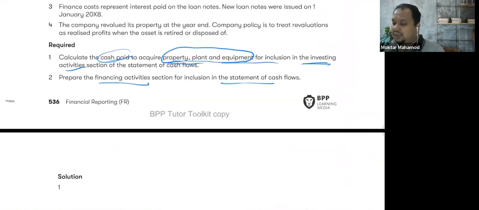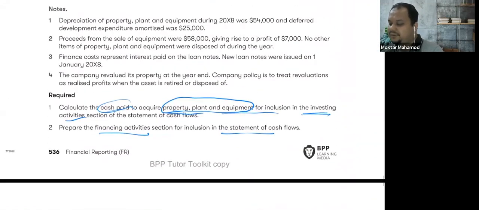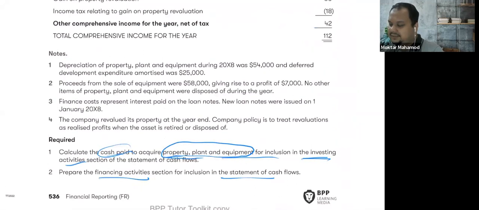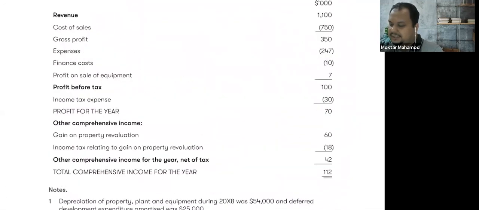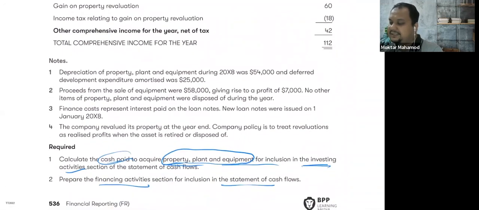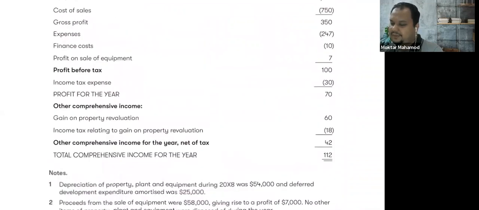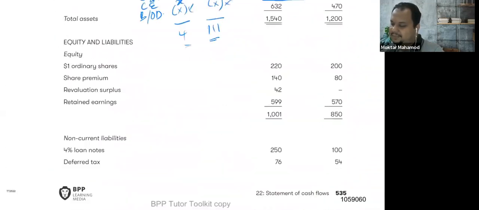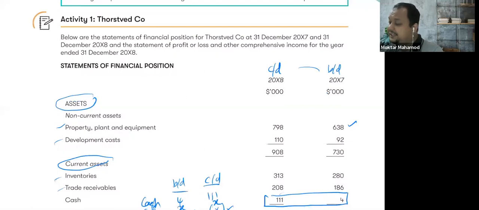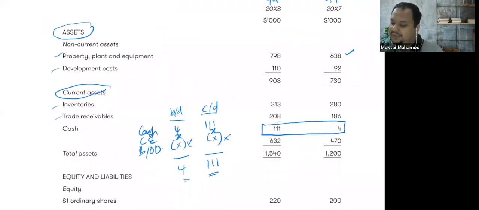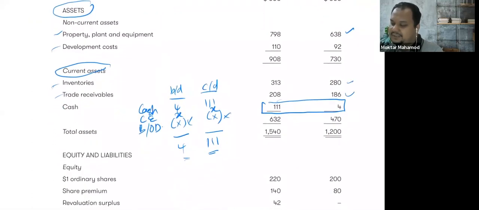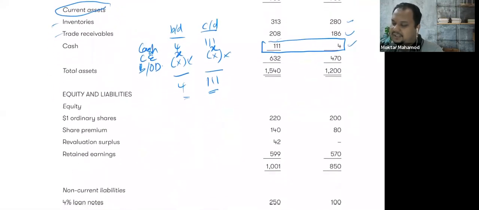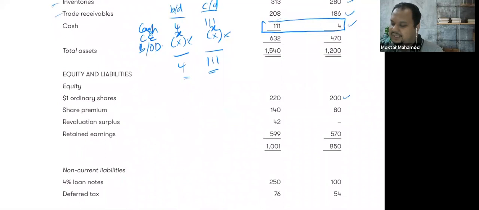As usual, if I miss out something, you just need the line. And the second question is related to financing activities. So PPE and development cost have nothing to do with the requirement for brought down, carried down. Inventory is the same, because that is for operating activity. Cash is the same. Ordinary share, nothing to do with that.